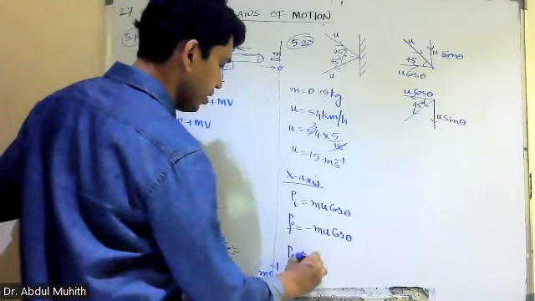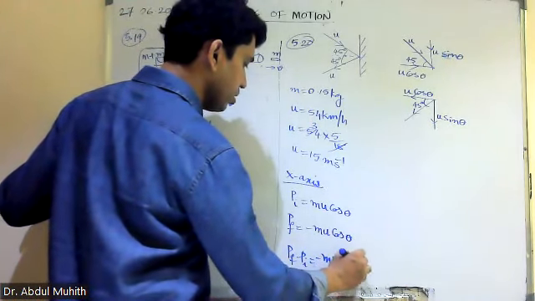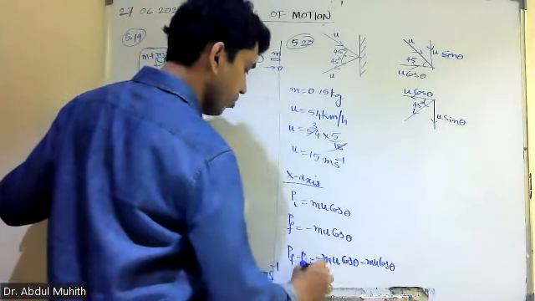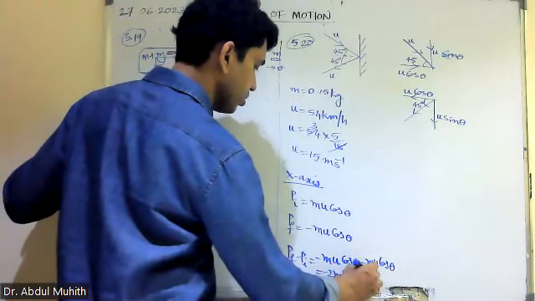Pf minus Pi equals minus m u cos theta minus m u cos theta, which becomes minus 2mu cos theta.